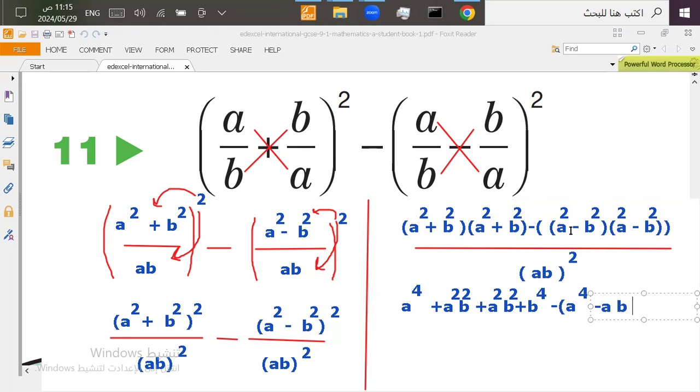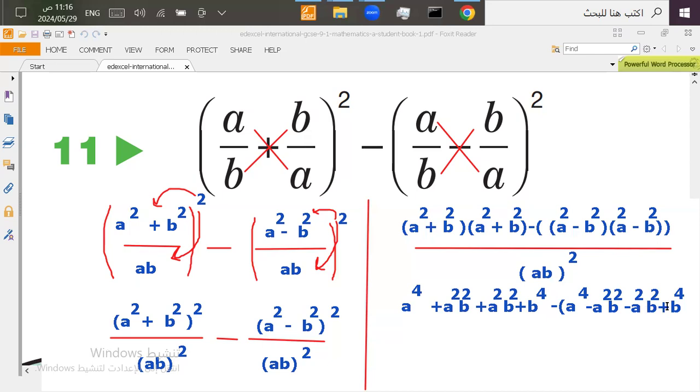And then same idea, minus b squared times a squared is going to be minus a squared b squared. And then this one will be positive b power of 4. B squared times b squared is going to be positive b power of 4. Let's put it here like this, yes. So this one is b power of 4, and the others are squared, okay?